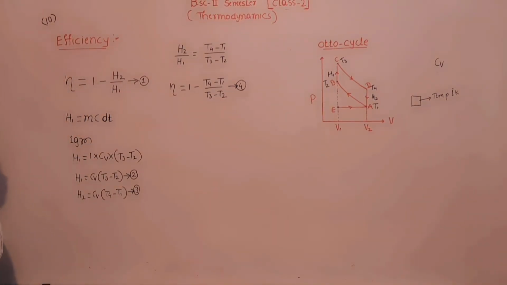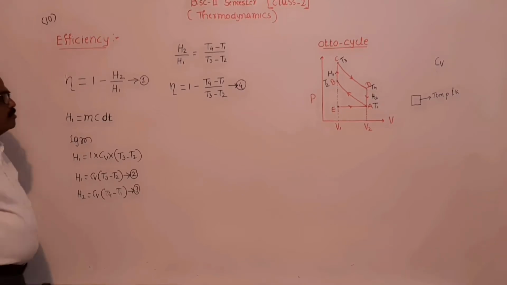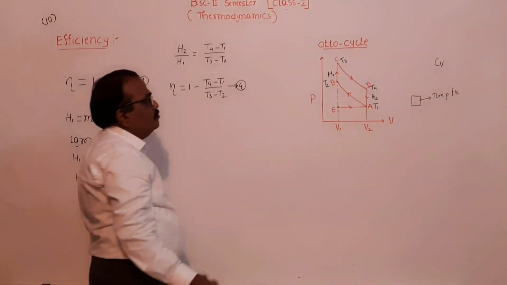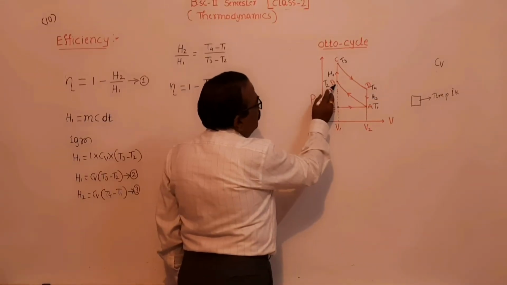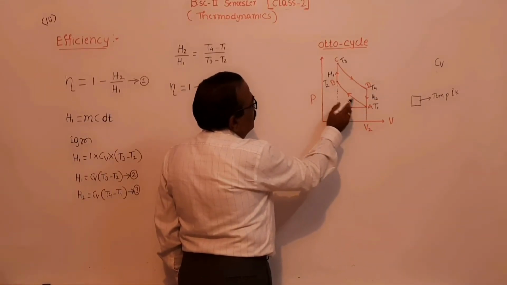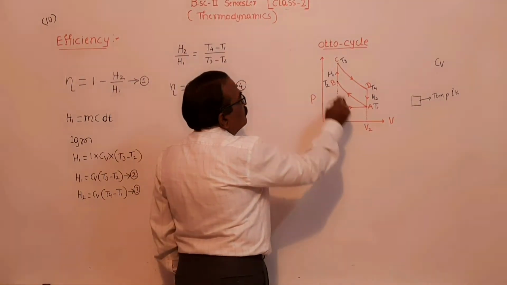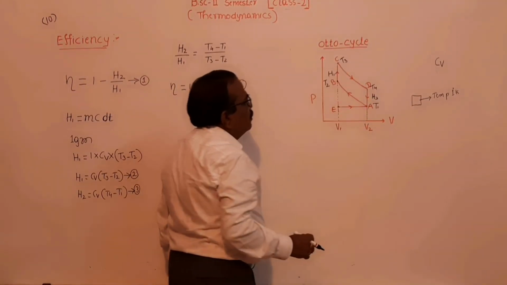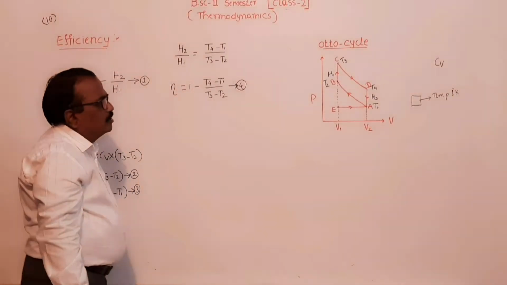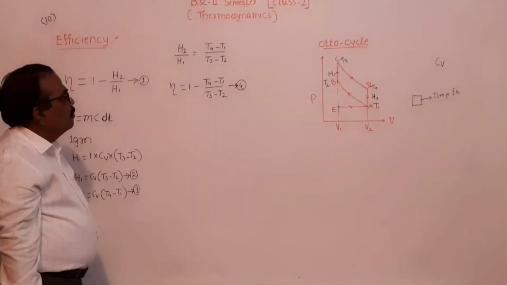Then T4, T1, T3 and T2. Here B and C are lying on the same adiabatic. C and D are also lying on the same adiabatic.